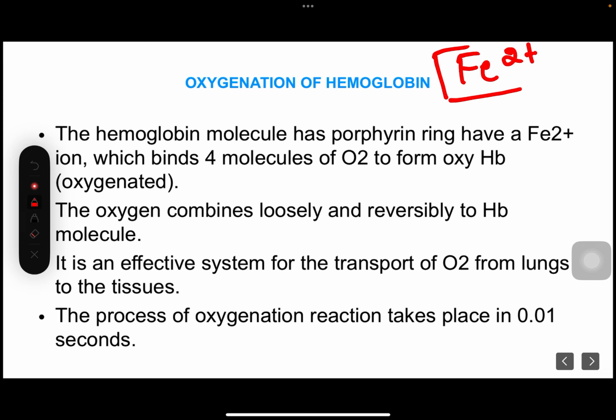Whereas in oxidation, this Fe2+ is converted to Fe3+. So don't get confused, oxygenation is different, oxidation is different. Normally in our blood there is oxygenation of hemoglobin and not oxidation.